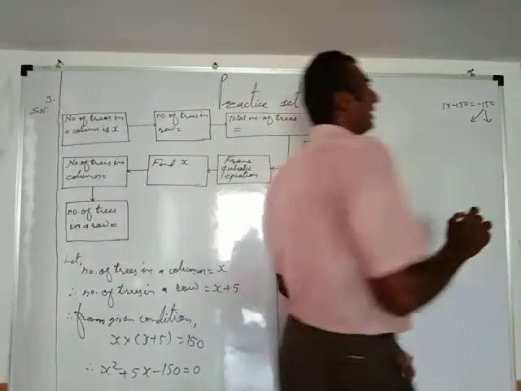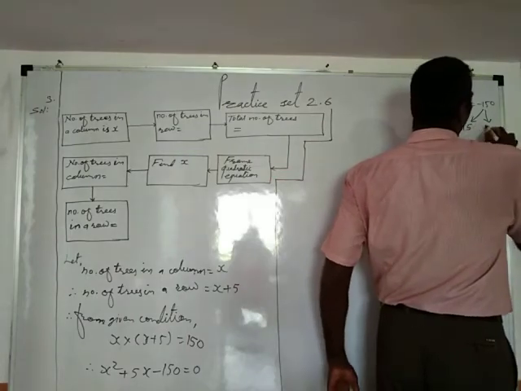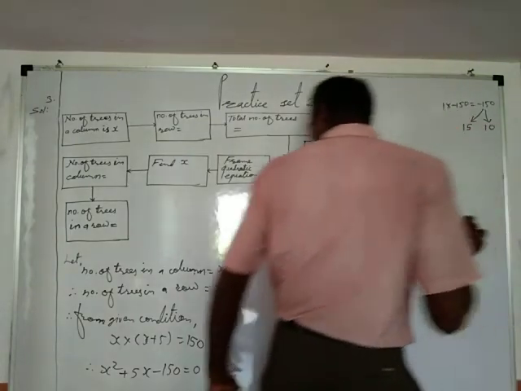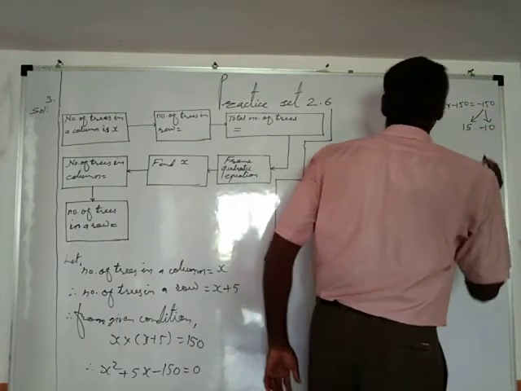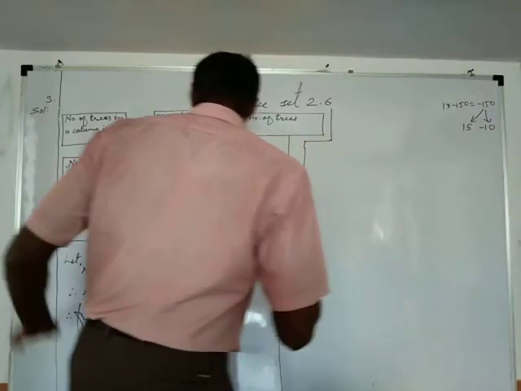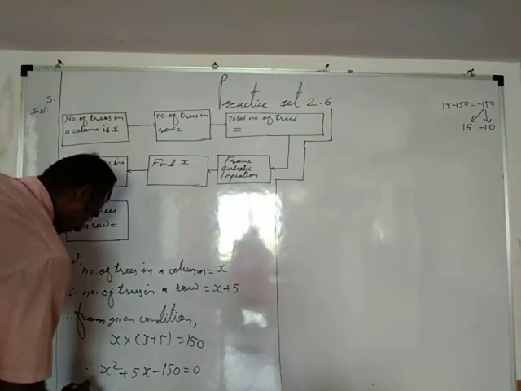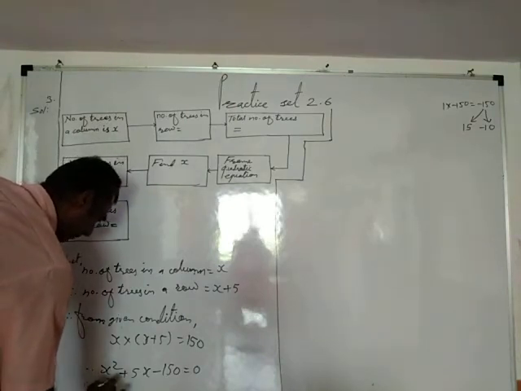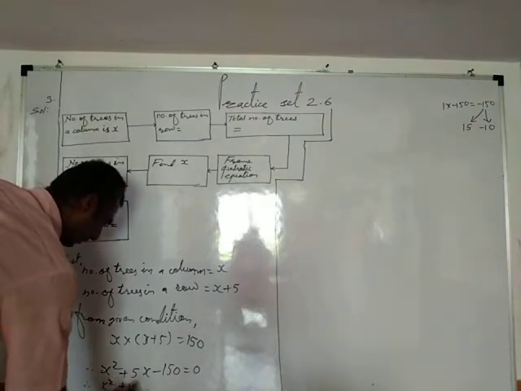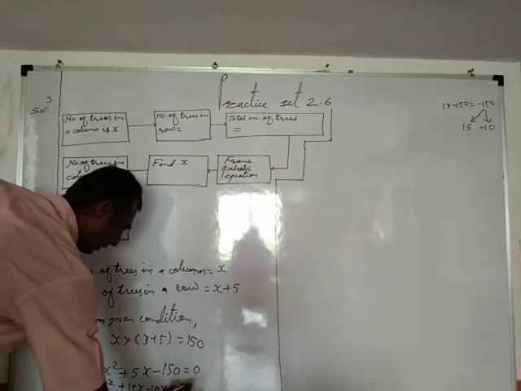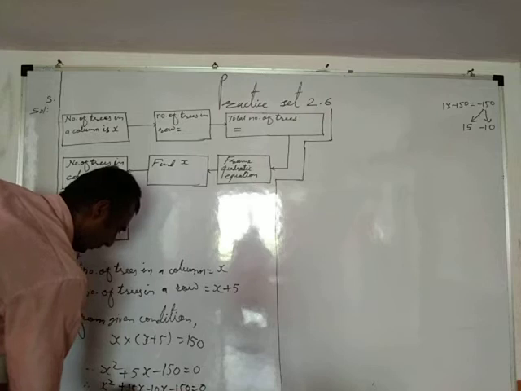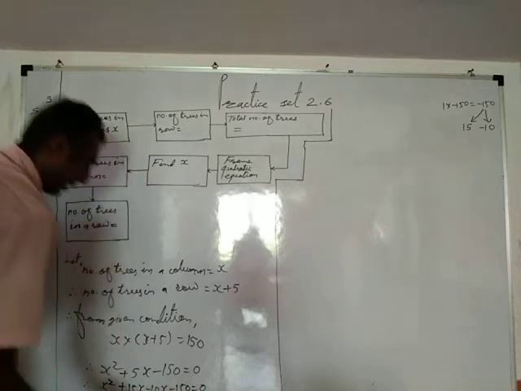Yes, 15 tens are 150. 15 must be positive and 10 must be negative, and therefore we can write it as x square plus 15x minus 10x minus 150 equal to 0. Then pair of first two, pair of next two.